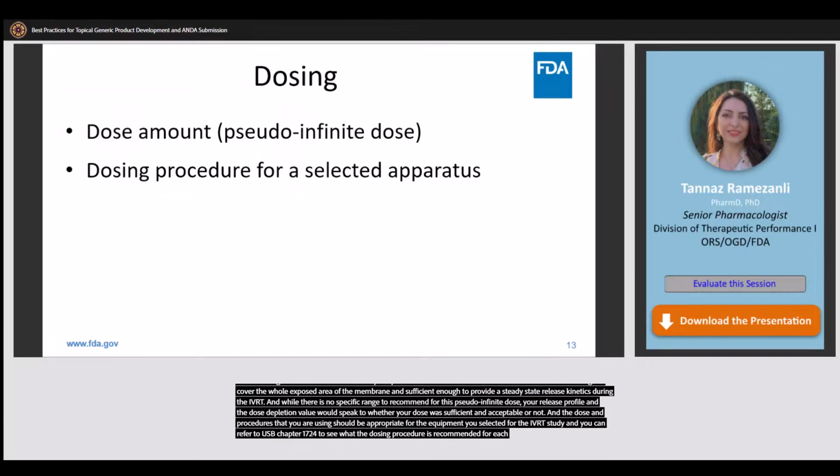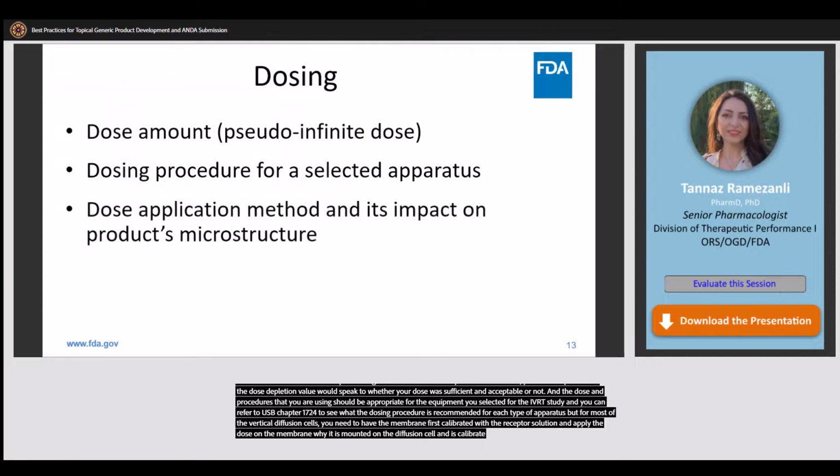But for most of the vertical diffusion cells, you need to have the membrane first equilibrated with the receptor solution and apply the dose on the membrane while it is mounted on a diffusion cell and is equilibrated with the receptor solution. You need to be aware that sometimes the dose application tool that you're using can impact product microstructure.